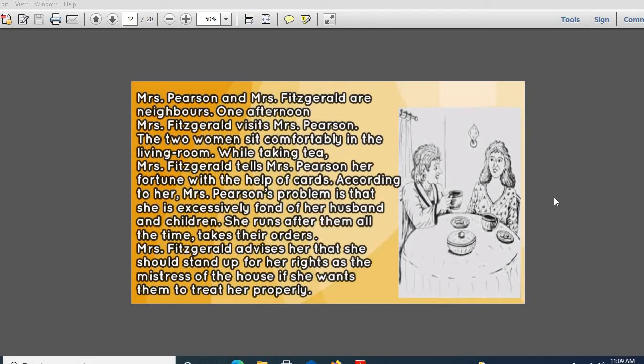Now see, according to her, Mrs. Pearson's problem is that she is excessively fond of her husband and children. She runs after them all the time, takes their orders, as if, as I told you, she is like the servant, like the caretaker. In order to please them, in order to impress them, she was always ready to do service in whatever way she can.